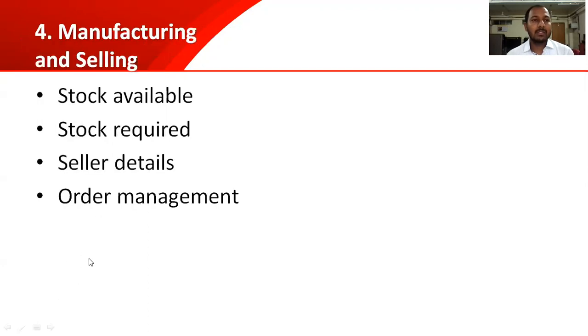Coming to the next industry, manufacturing and selling industry, wherein a database is playing a very critical role. Now, what are the different things that may be maintained in the database? First one is stock available. Second, stock required. Next, seller details. Next, order management.